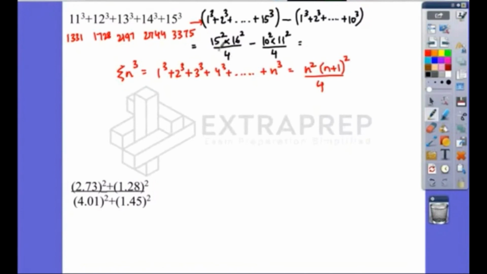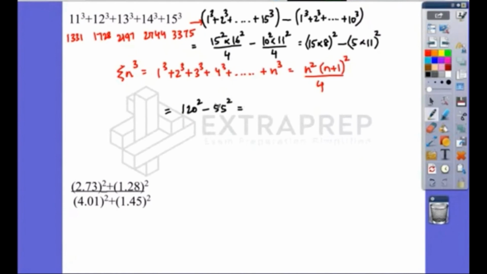So this is 15 into 16 by 2 whole square. So 16 by 2 is 8. So 15 into 8 whole square minus, this is 10 into 11 by 2 whole square. 10 by 2 is 5. So 5 into 11 whole square. That's equal to 120 square minus 55 square.